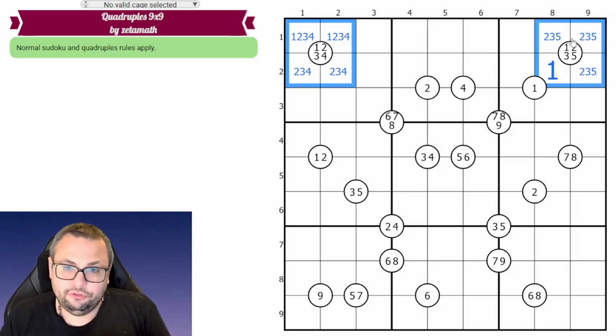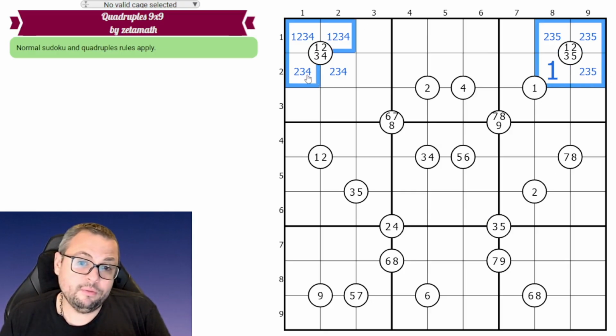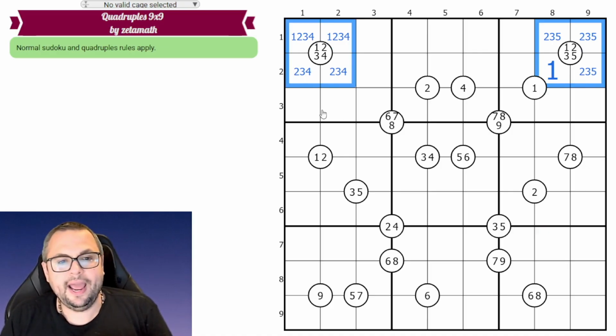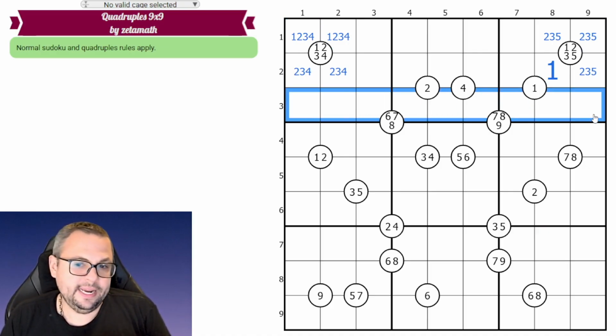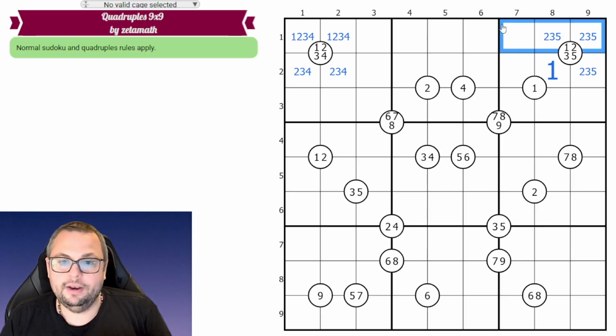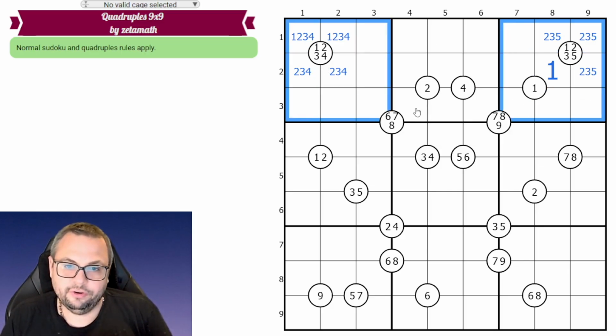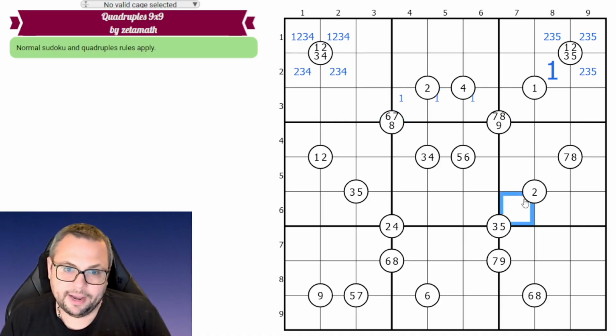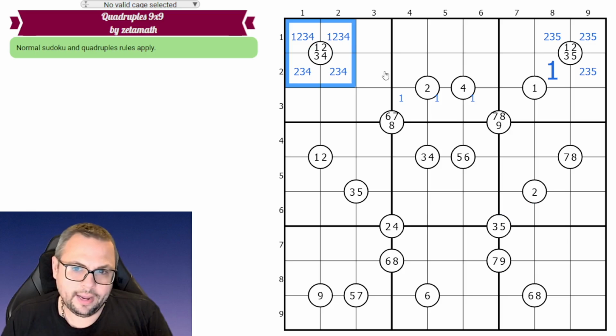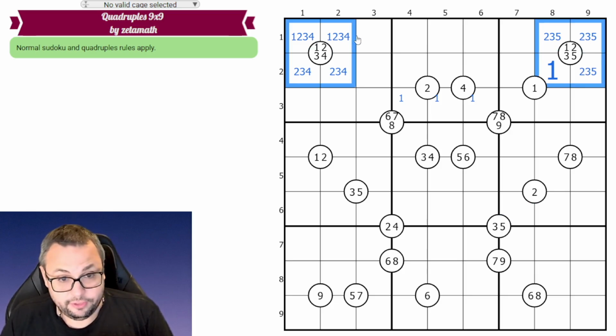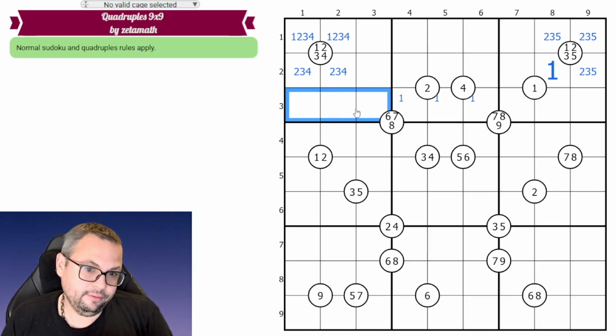Namely, these 2 things, they both have a 1, which means that when I ask where 1 goes in row 3, well, it can't go in box 3, and it can't go in box 1, so it's sort of pushed over here into box 2. Likewise, when I think about twos, the 2 here can't be in row 3.